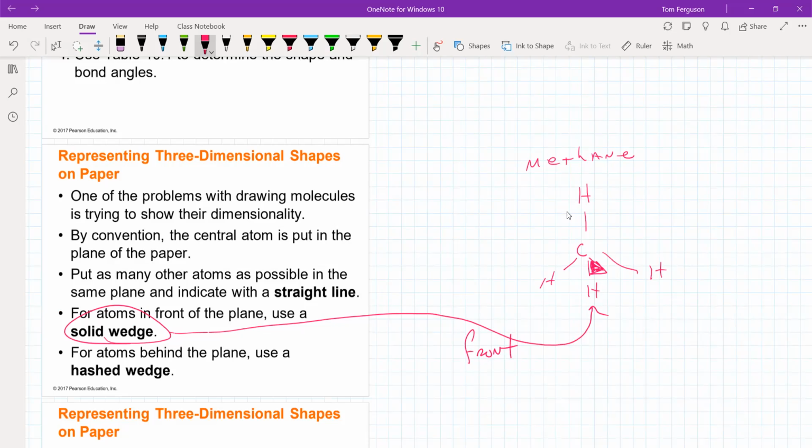A solid wedge instead of a straight line, that bond is going to come out of the page.